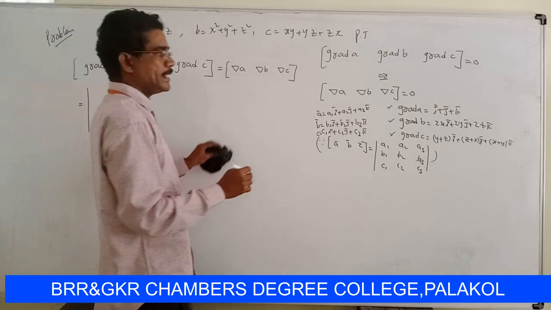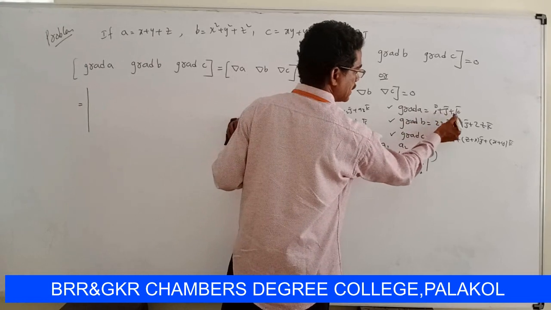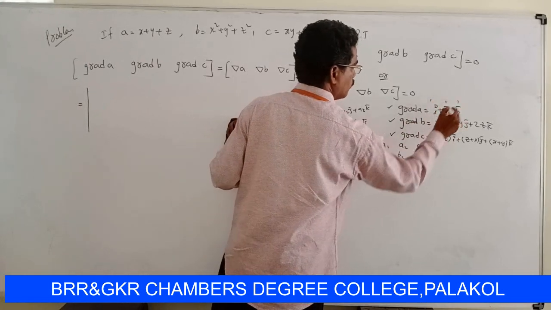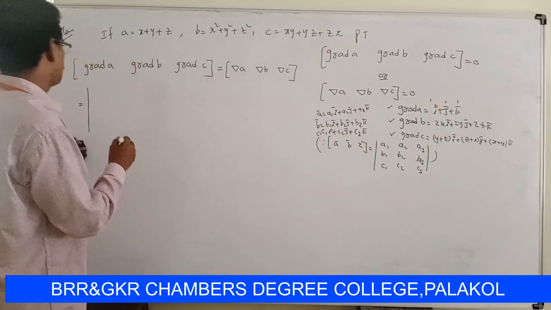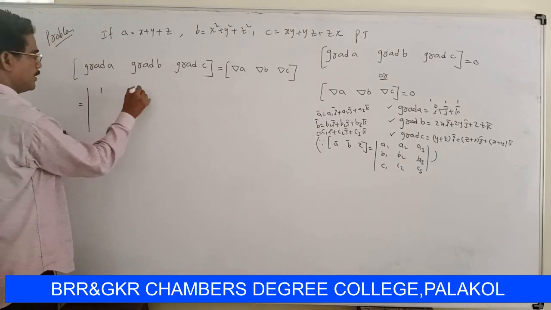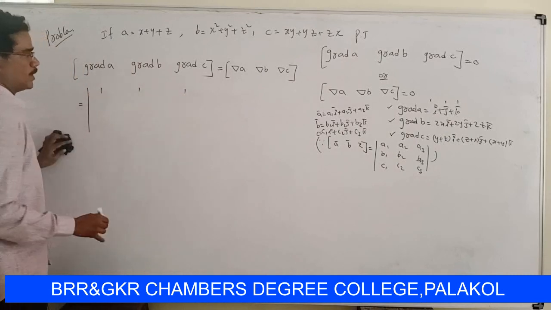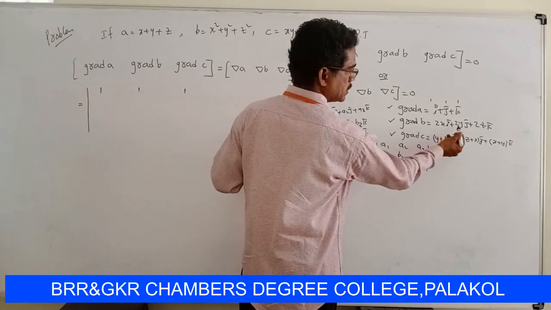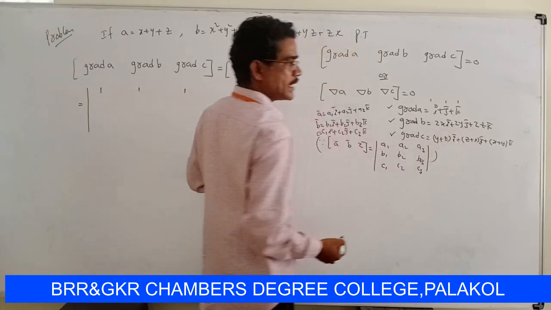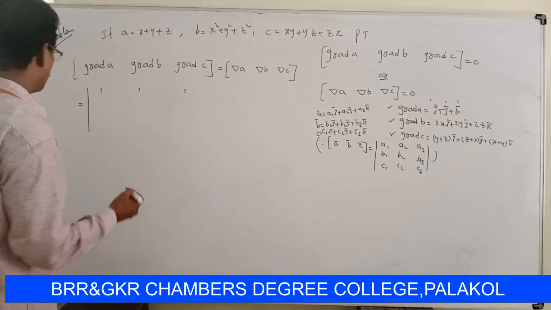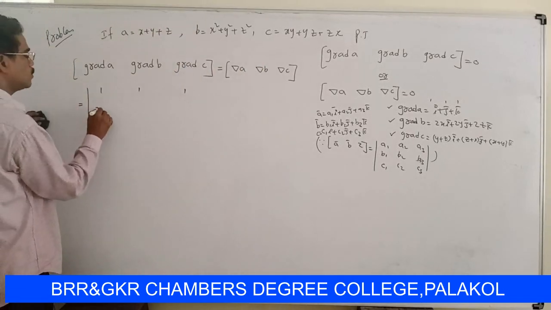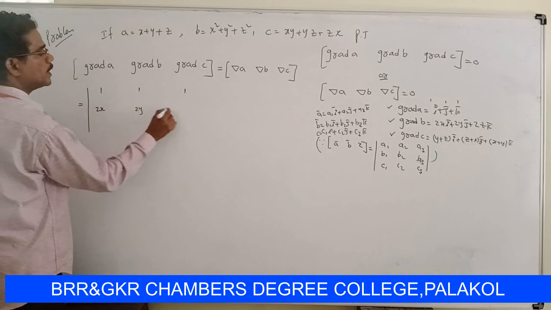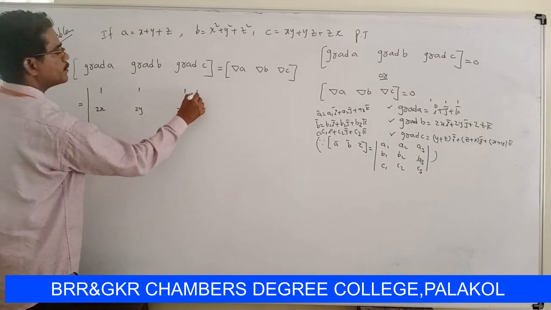Here grad a means i plus j plus k, the constants 1, 1, 1. Next grad b is 2x i plus 2y j plus 2z k, so the scalars are 2x, 2y and 2z.